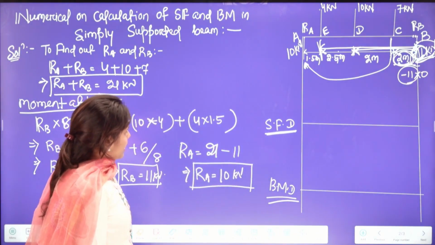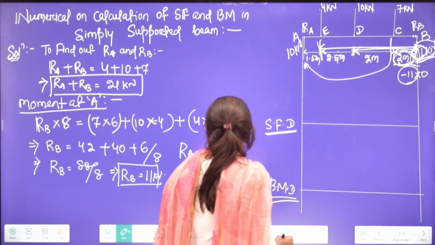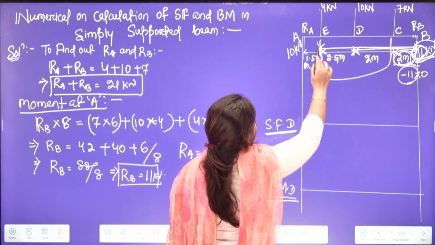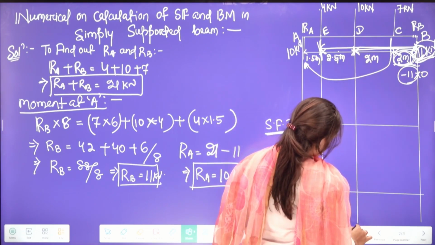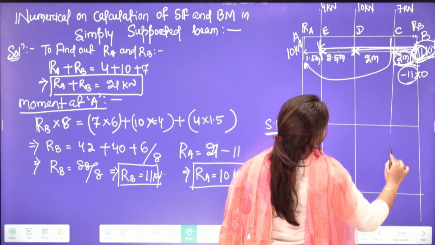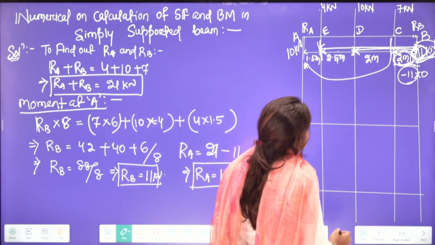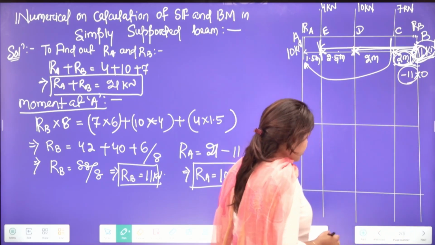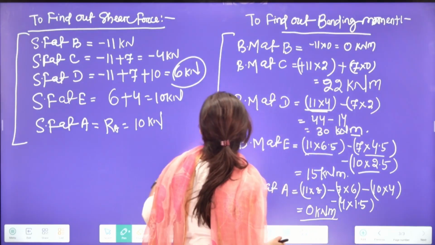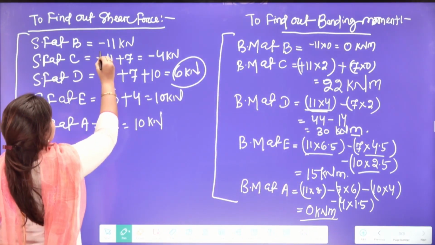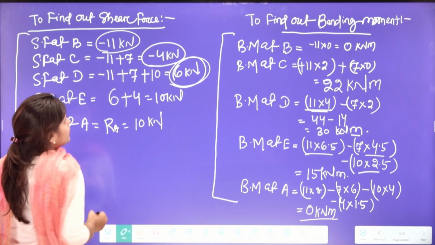So first SFD. We know shear force at point B is what? Here shear force at point B. We already have that. Next, here at B we are having minus 11, then minus 4, 6, 10, 10.